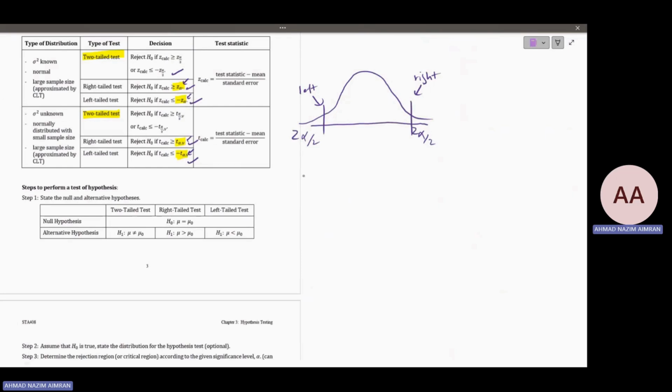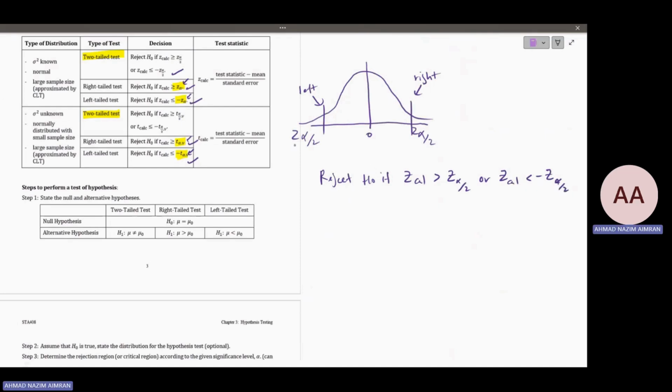So any value that you calculated, for the two-tailed test, we expect the Z or the T calculated to be either positive or negative. We don't know. Right. So we will reject H null if Z calculated is greater than Z alpha over 2, or if Z calculated is less than negative Z alpha over 2.